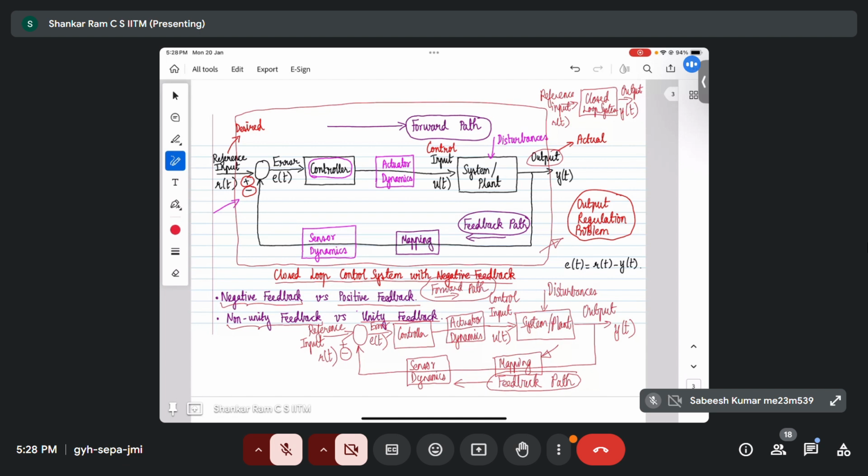Because if you look at the overall block diagram, the closed loop system, we are essentially having R of t as an input to the overall block diagram. So that's why we have this particular terminology for R.